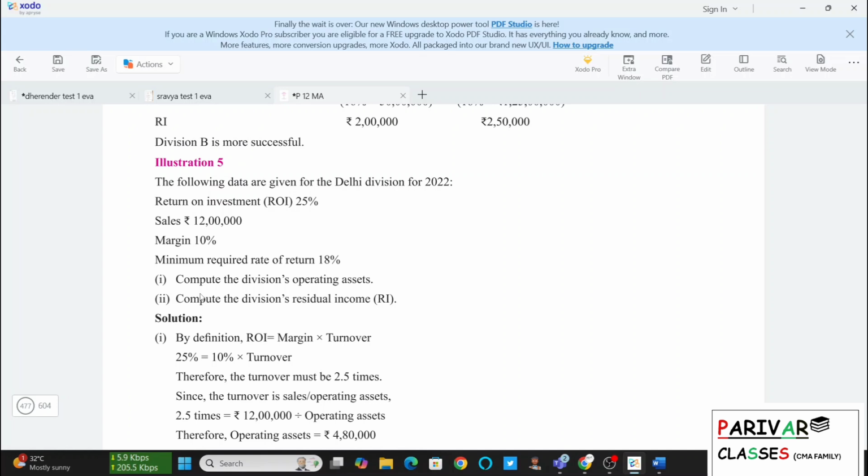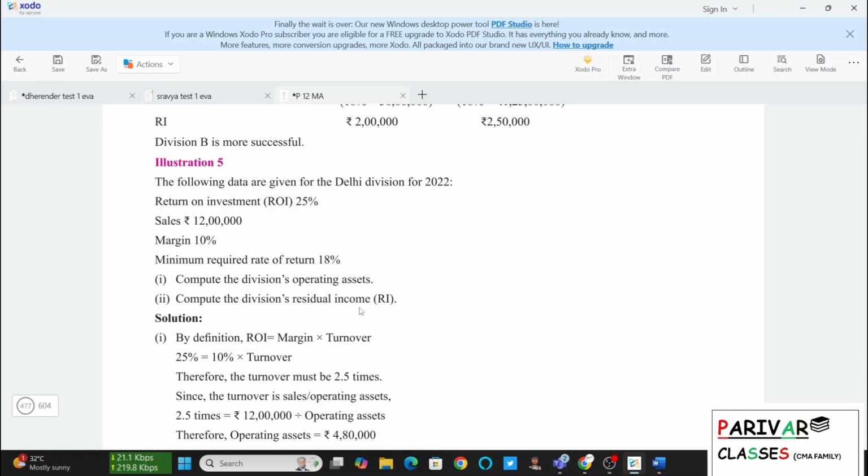It will be recorded. If you didn't understand, you can easily understand this part. Okay, ROI 25%, sales 12 lakhs, margin 10%, MRR 18%. Calculate division operating assets. Calculate division's residual income.